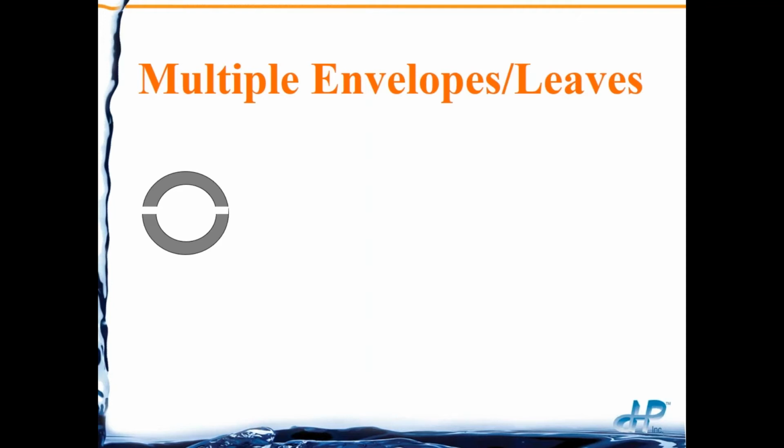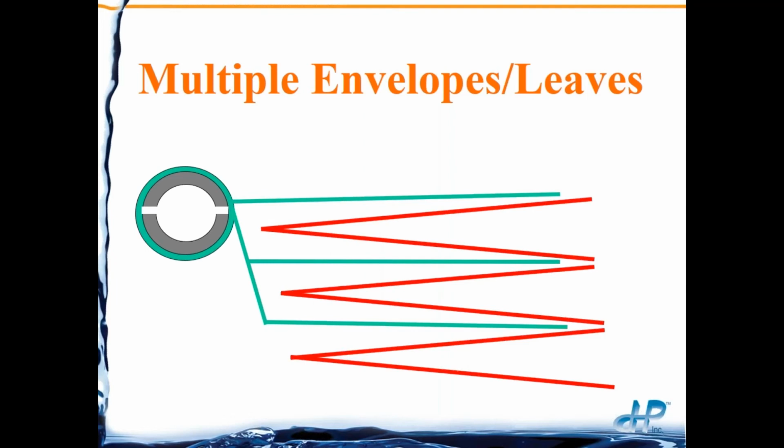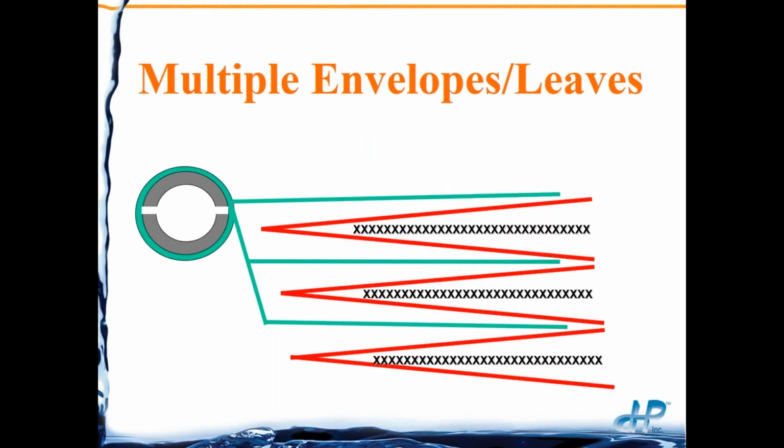And when we do multiple envelopes, what we're talking about, of course, is permeate water carrier directly attached to the permeate tube, and then some of the permeate water carriers indirectly attached, as we're showing right here. And then we have our membrane, folded sheets of membrane placed in between that with feed water spacer in between there.